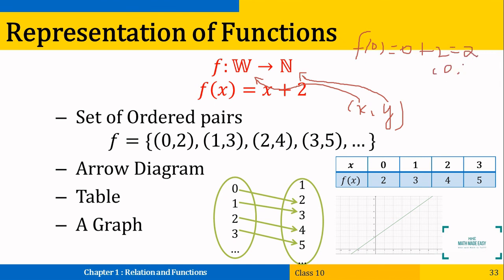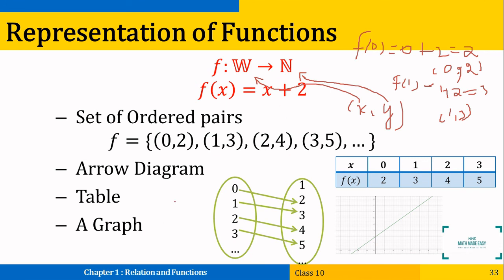So we have the processed information here, so that's going to be the second element in the ordered pair. And likewise, f of 1 equals 1 plus 2 equals 3, and so on. I can take whole numbers, I can take 100,000, 10,000 or whatever.